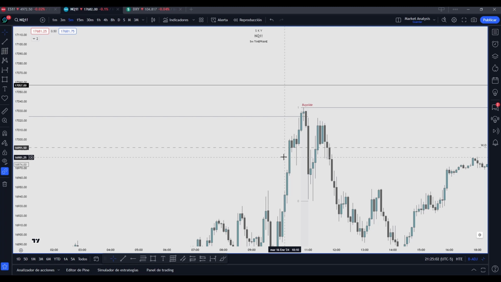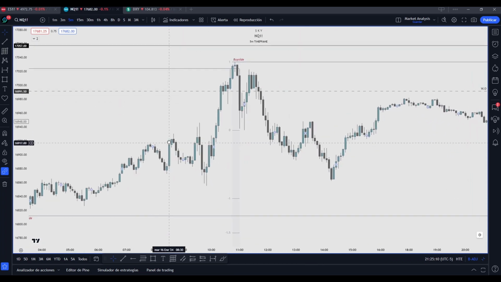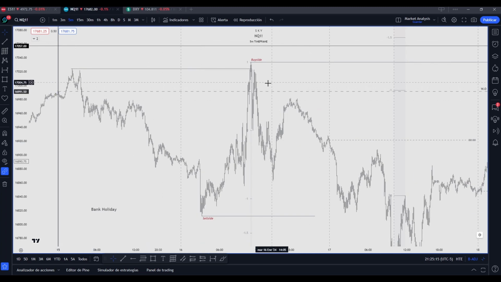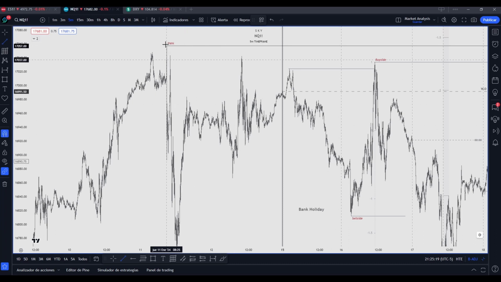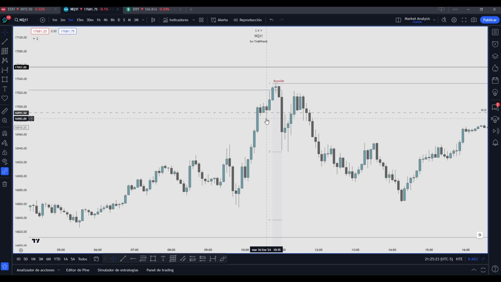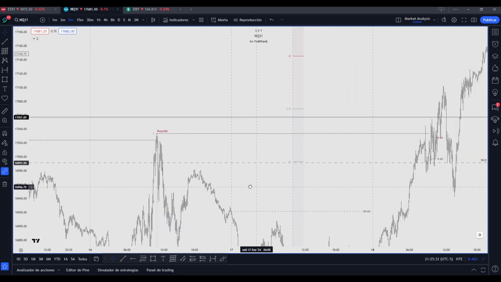What I wouldn't consider is that in this day we're already on the distribution part of the power of three of the weekly scale, because the day after bank holidays we tapped again on grabbing all this liquidity. Overall, you could just take an L, an unfortunate L, and then recover on the rest of the week.